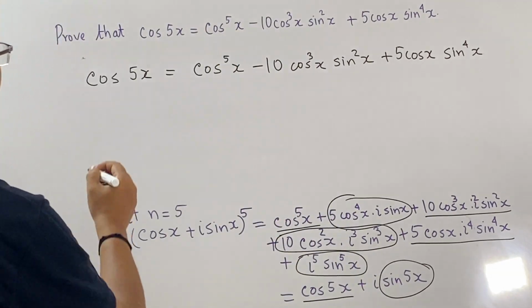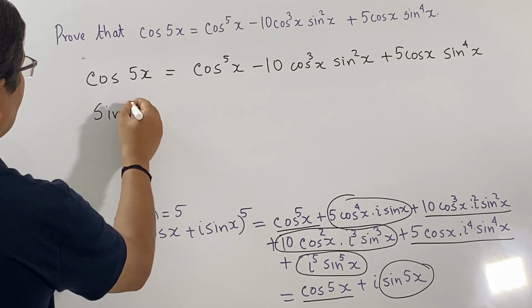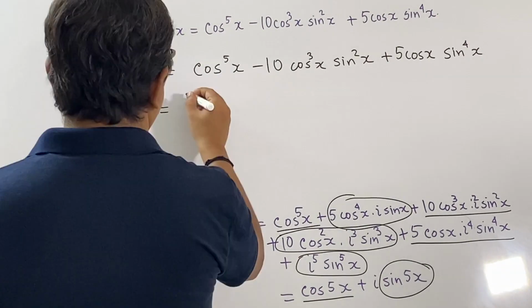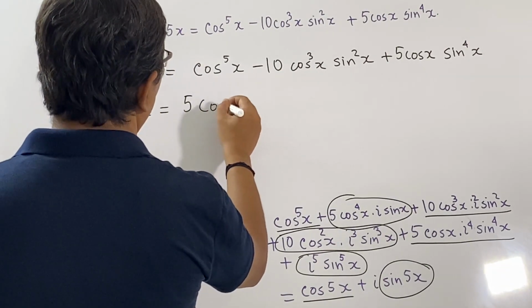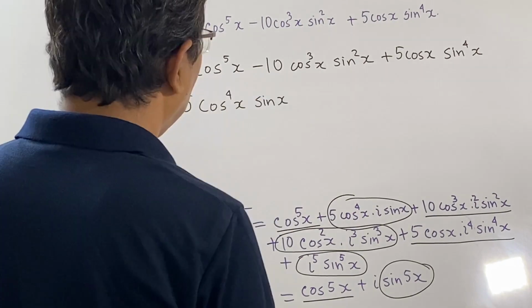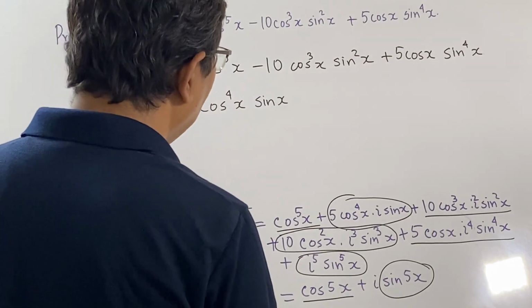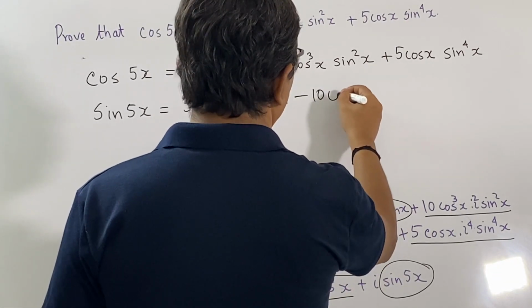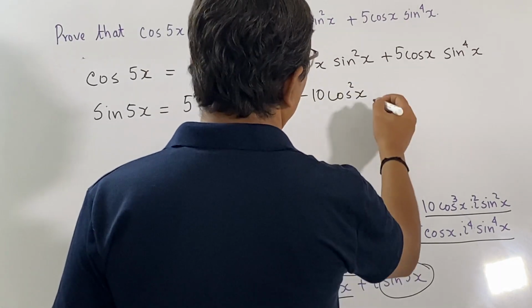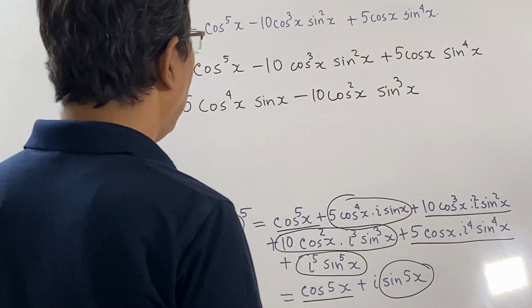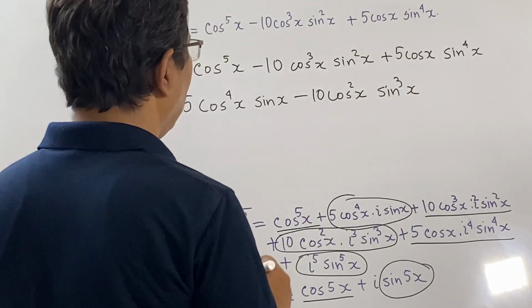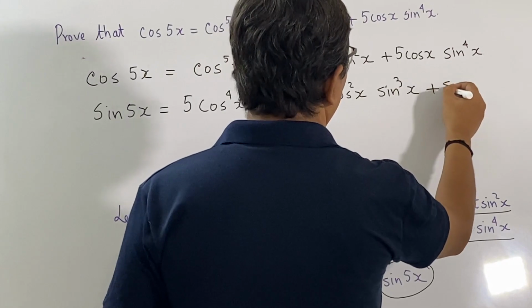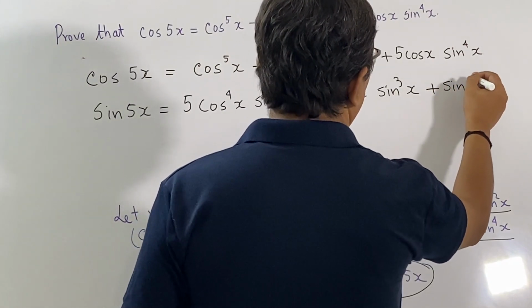So we get sin 5x is equal to 5 cos x to the power 4 into sin x. i cube is minus i. So therefore this becomes minus 10 cos square x into sin cube x, and i to the power 5 is plus i. So therefore we get plus sin x to the power 5.